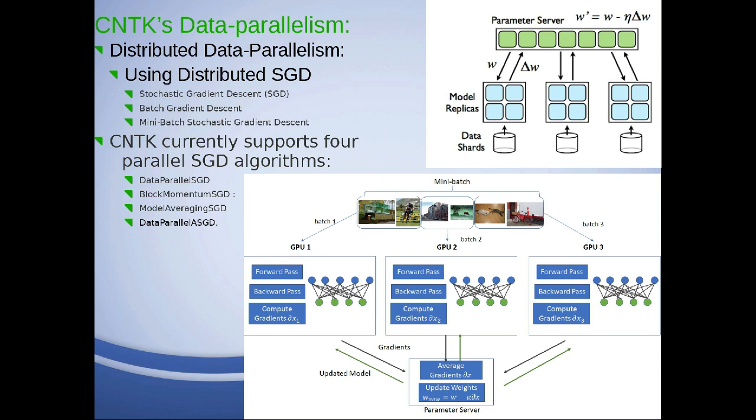The idea here is to let each worker process a subset of data, but averaging the model parameters from each worker after a specified period. Model averaging SGD generally converges more slowly, and to a worse optimum, compared to 1-bit SGD and block momentum SGD, so it is no longer recommended.